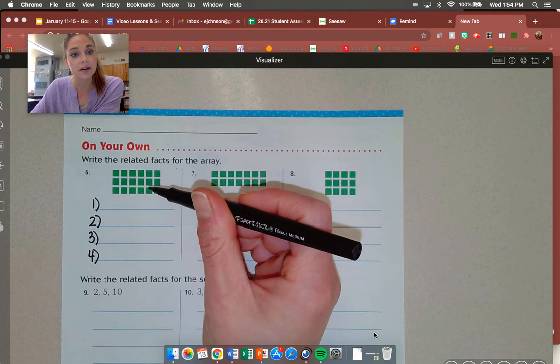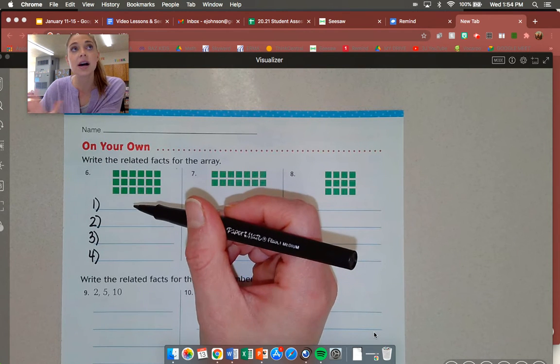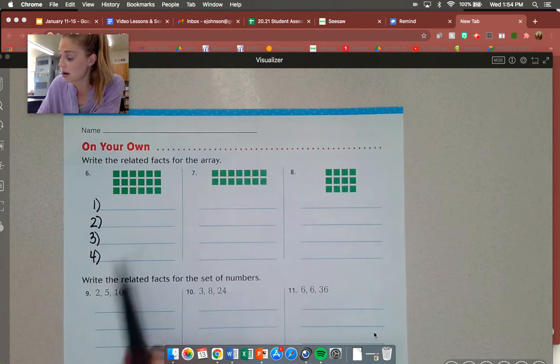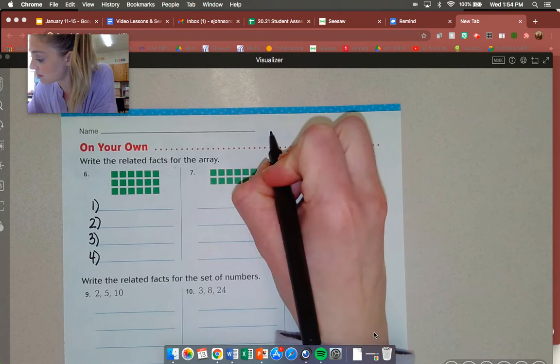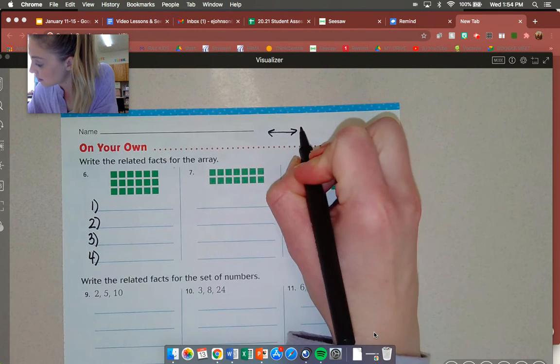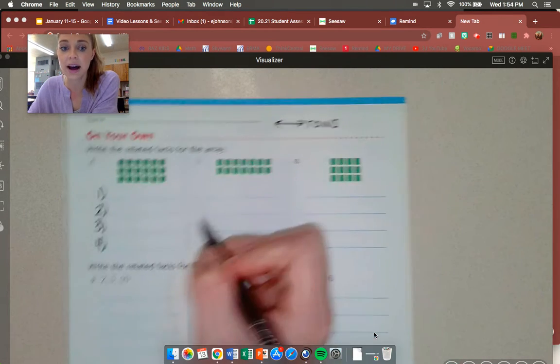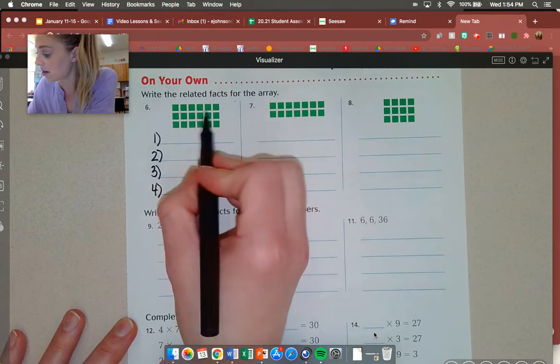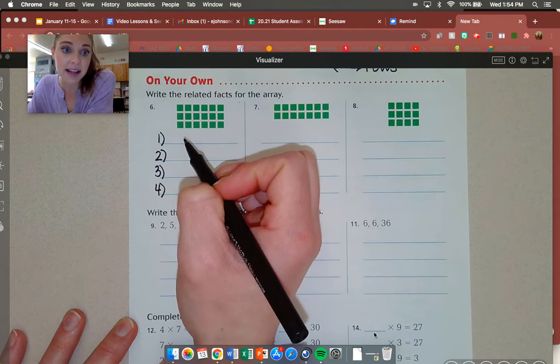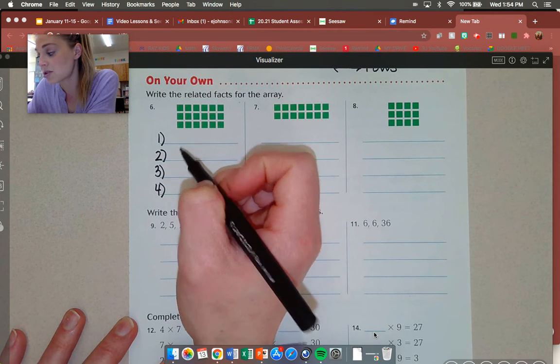So first we're going to start writing 2 multiplication facts for this array. Remember, an array would be how many rows of how many? So how many rows do we have here? Remember that rows go across. Sometimes I like to circle my rows. You might not like to, that's fine.